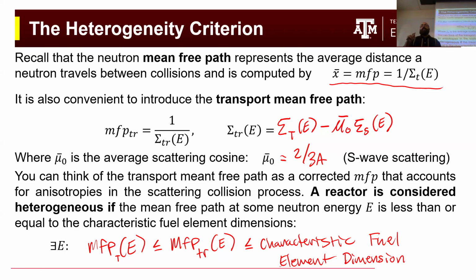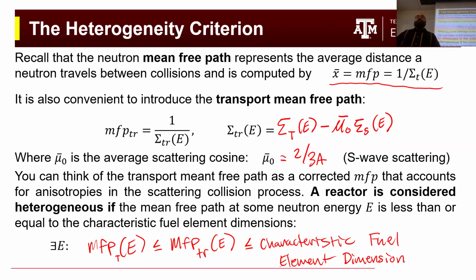Basically what we're saying here is that the mean free path represents the average distance that you go per collision. So if the distance you go per collision is greater than the characteristic fuel dimensions, then you might not even have one interaction inside of that part of your reactor.